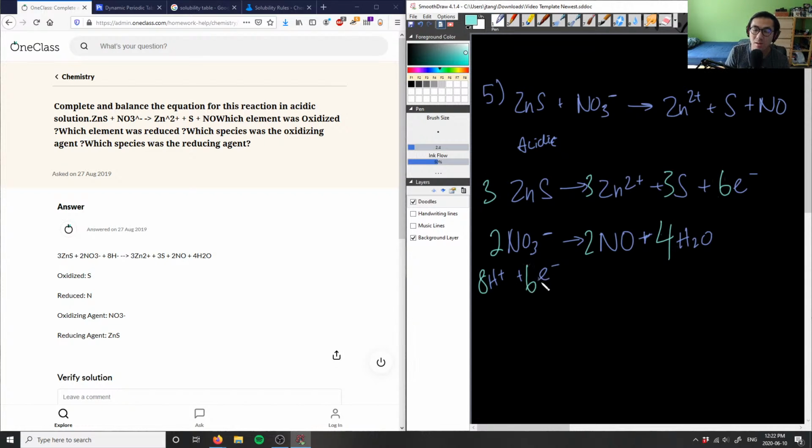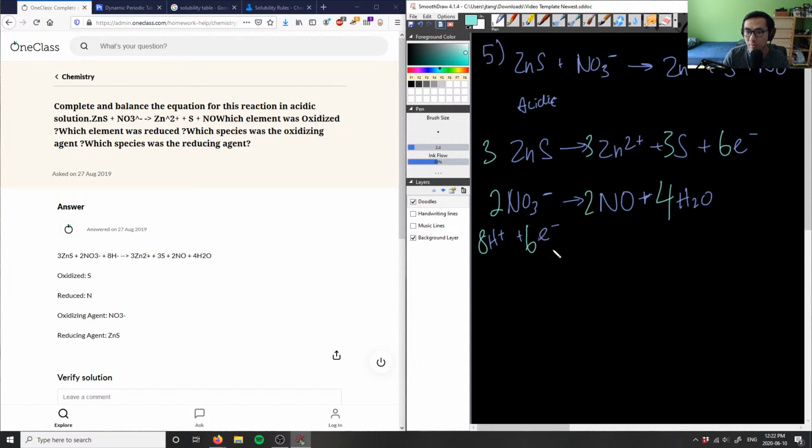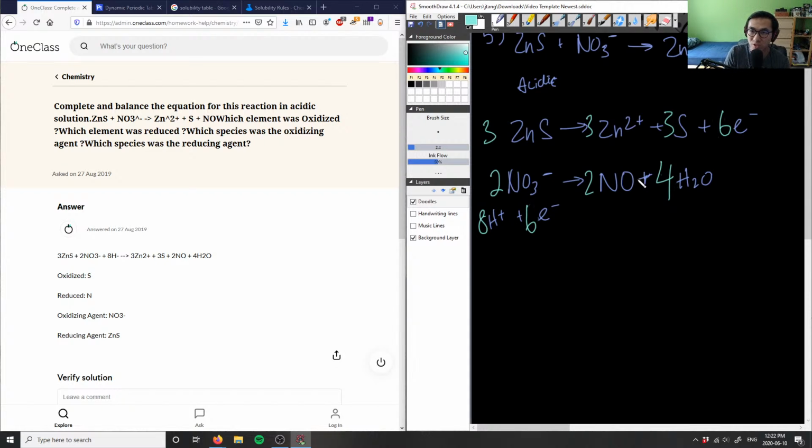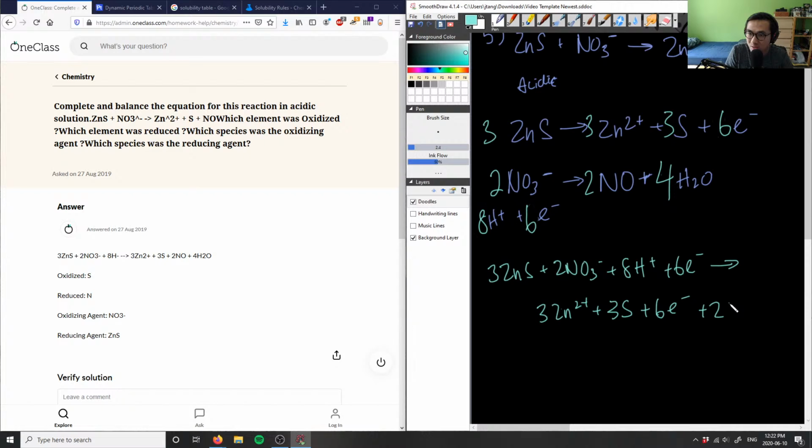Now we can simply put both of the equations together. So I'm going to have 3ZnS plus 2NO3- plus 8H+ plus 6e- yielding, I'll write it on a different line here, 3Zn2+ plus 3S plus 6e- plus 2NO plus 4H2O.